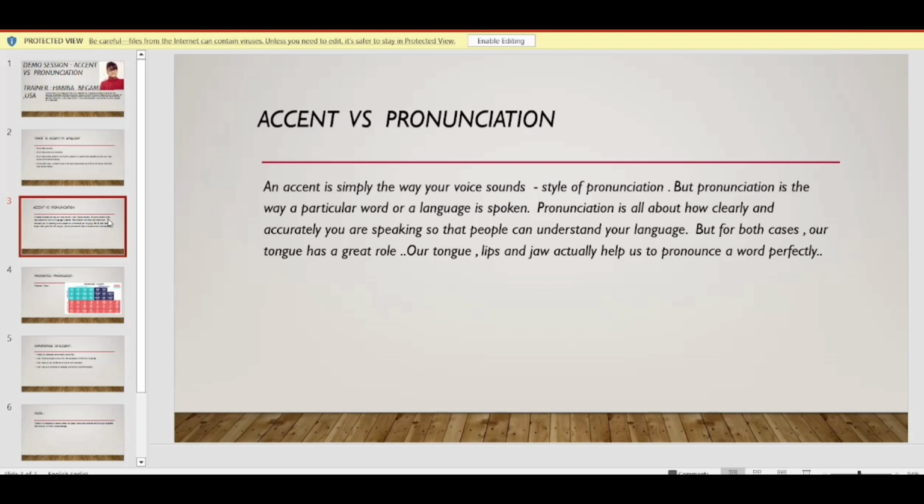It's not that you don't know English. You actually know English very well, but why are you unable to understand their English? Sometimes because of the accent. Now, an accent is simply the way your voice sounds, style of pronunciation. But on the other side, pronunciation is the way a particular word or language is spoken.